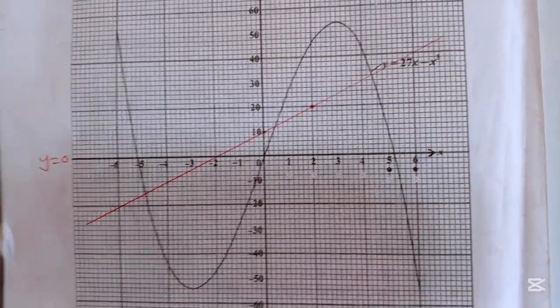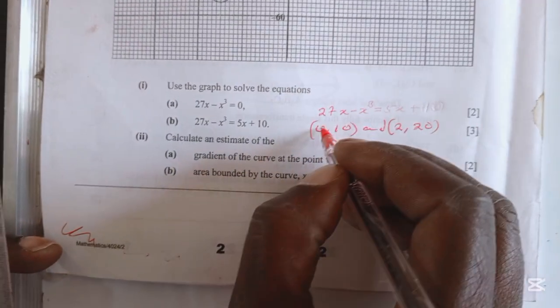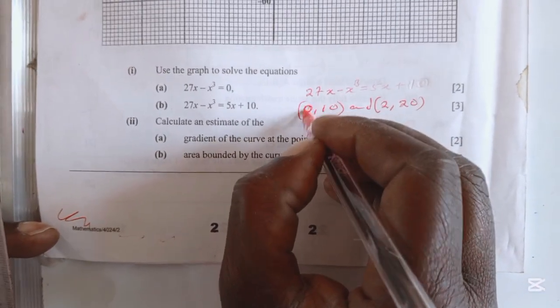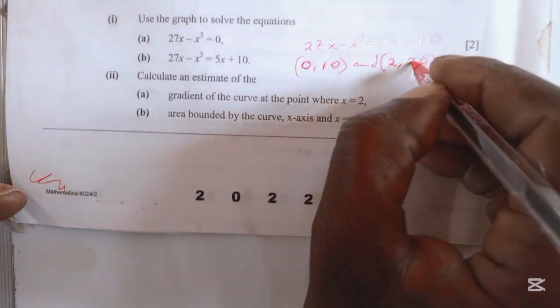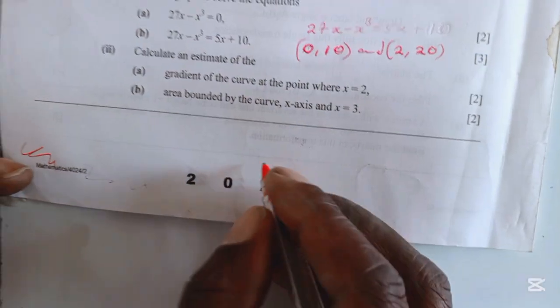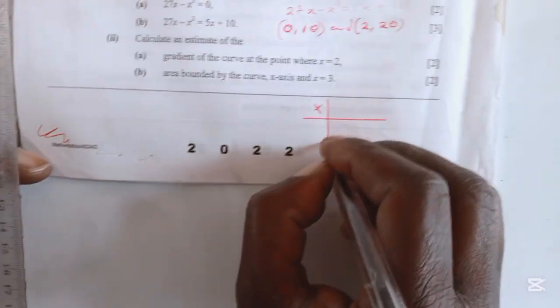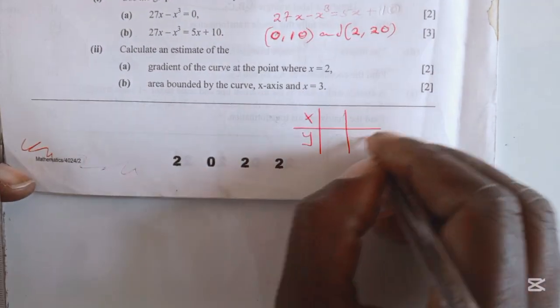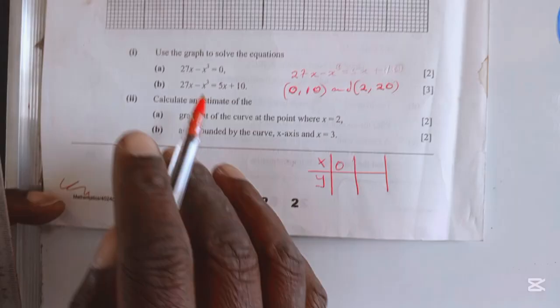Where are those points coming from? These points which we got, where did we get them? I said we got these points after we drew a table where we said this is x, this is y, in an exam, 2 points are enough. I said if this is 0, I'm replacing it here.